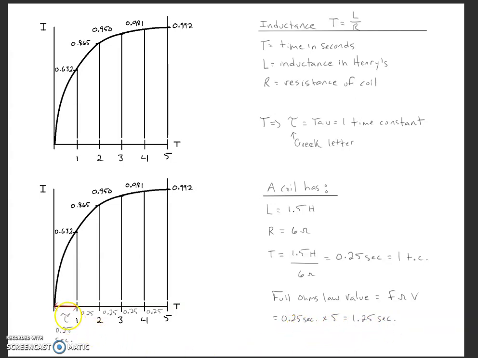So what you have here is the one time constant. This is what we're calculating for here. This number represents only one of these sections. Each section represents the same value. That's why 0.25 times 5 gives you 1.25 seconds. So once we hit this point, we end up with 1.25 seconds. Now, full Ohm's law value is relative to what we measure.